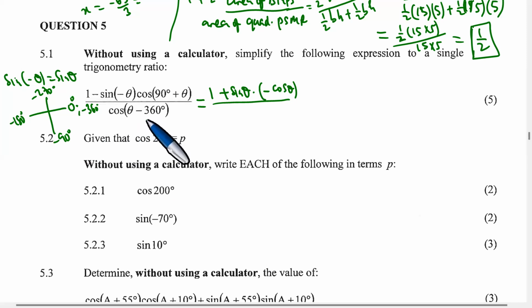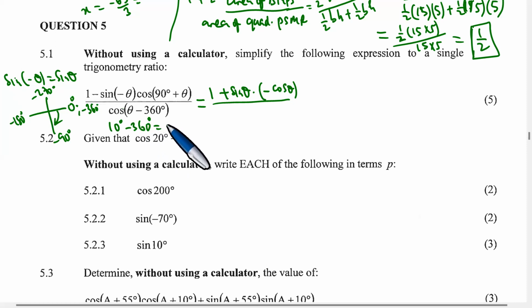The negative angles are measured in a clockwise direction: 0, minus 90, minus 180, minus 270, minus 360. If you take theta to be very small, like 10 degrees, what would 10 degrees minus 360 degrees become?